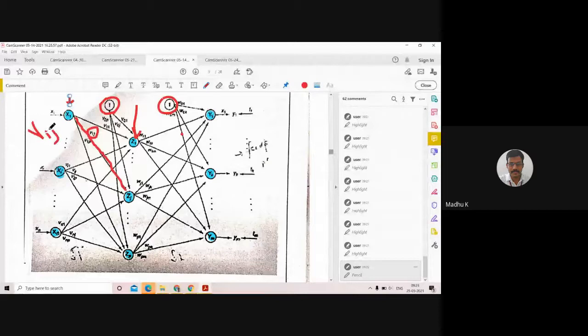The naming convention used for the weight is from the ith neuron to the jth neuron, so here we are using the weight V. So it is V1j: this is the x1 neuron and this is the zj neuron, so the weight is V1j. In general Vij. In this way different weight values are given here.